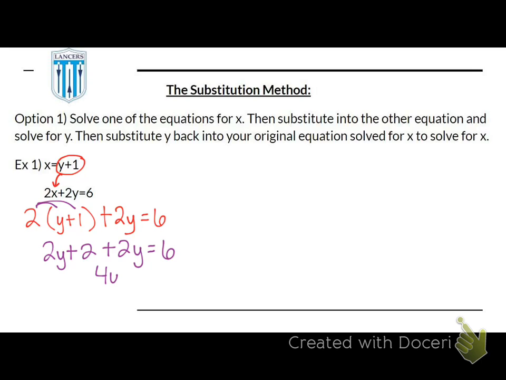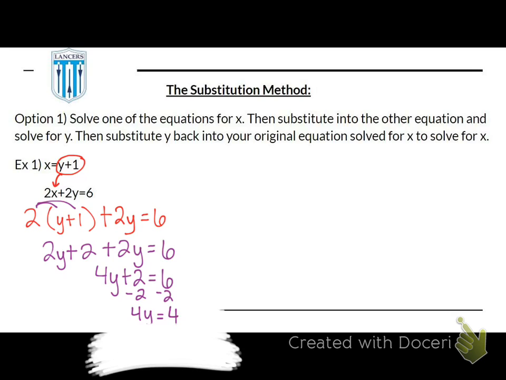Okay, combine like terms. 4y plus 2 equals 6. Minus 2. We're trying to get y alone. So we've got 4y equals 4 now. Divided by 4, y equals 1. Good. Divide both sides by 4. We have that y equals 1. We are not done. We're getting close. Do we have questions so far?